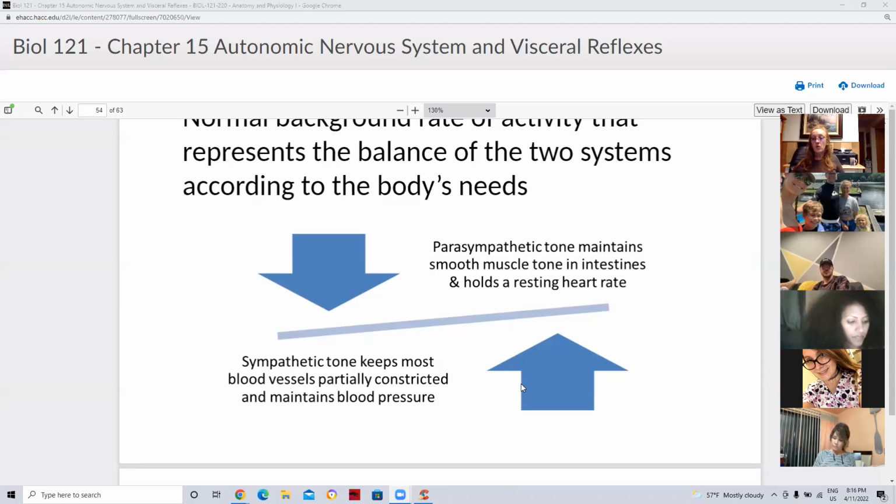The sympathetic tone keeps most blood vessels partially restricted and maintains blood pressure. The parasympathetic tone is going to maintain the resting heart rate and maintain smooth muscle tone in the intestines. So it's a balancing act.